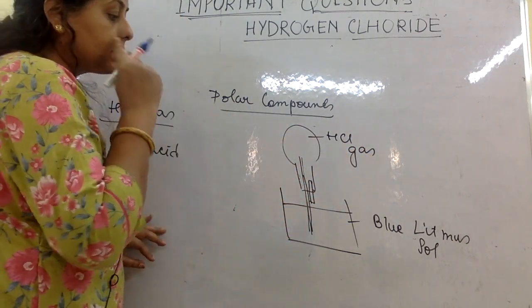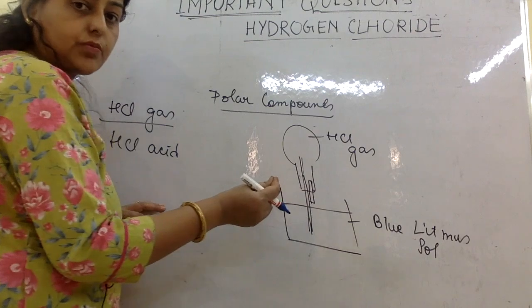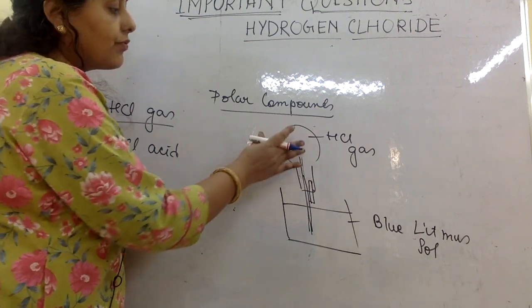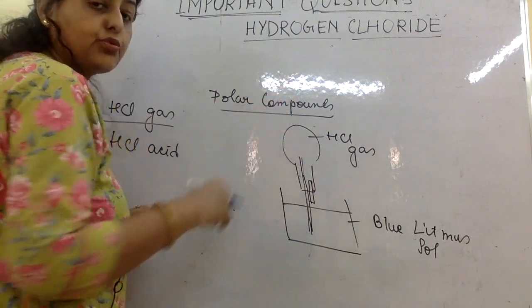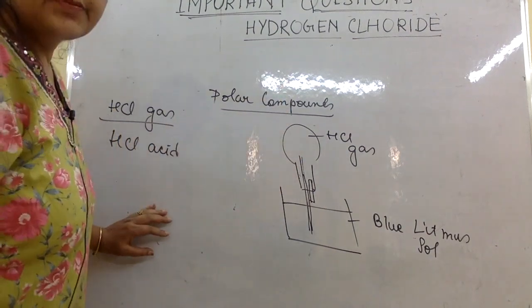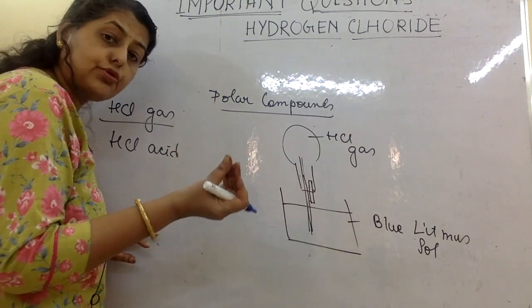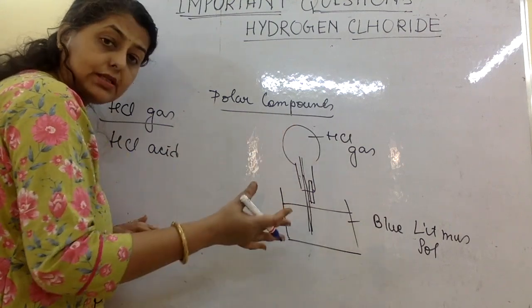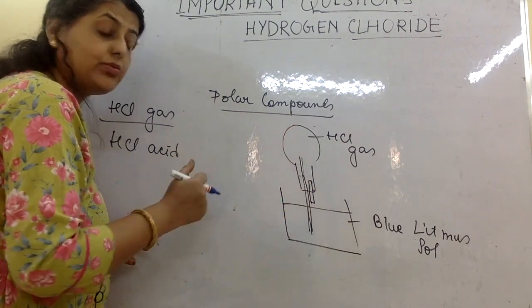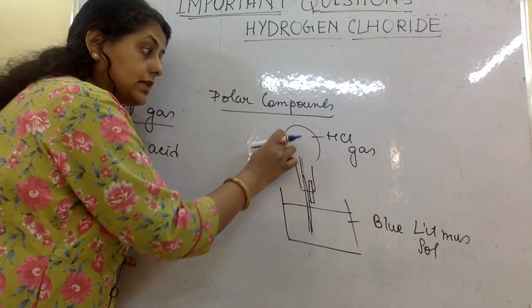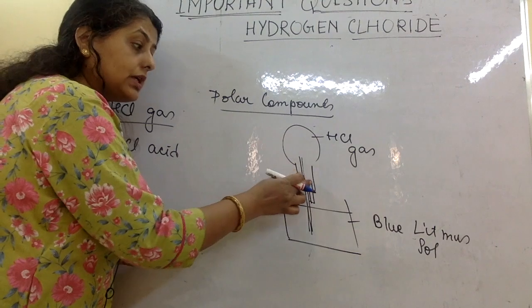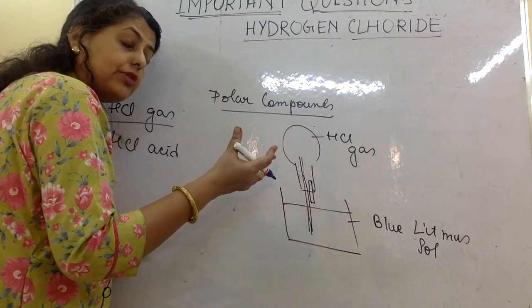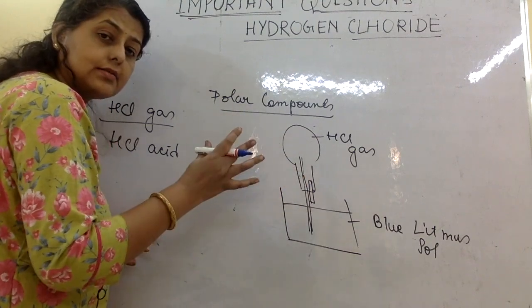Now what happens? The moment we press the dropper, we introduce a few drops of water into this round bottom flask. Due to high solubility, a lot of this gas gets dissolved in this water and comes to the liquid form, so it takes less space.